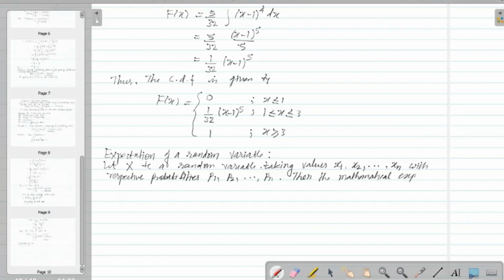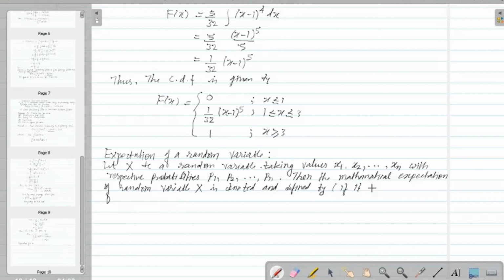Then the mathematical expectation of random variable x is denoted and defined by this, if it exists.